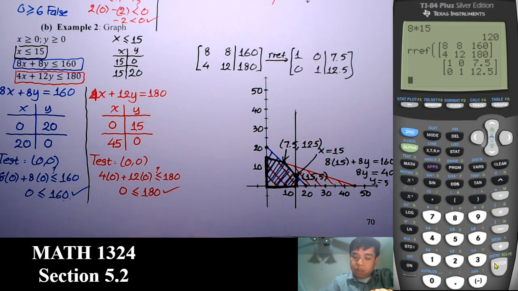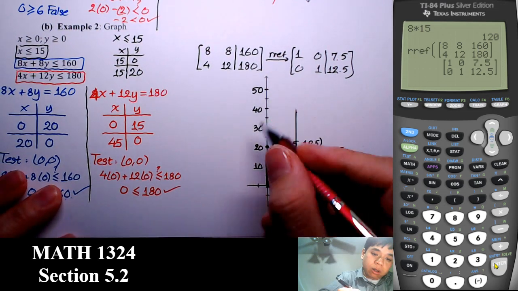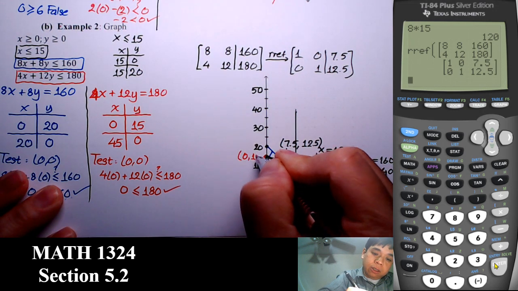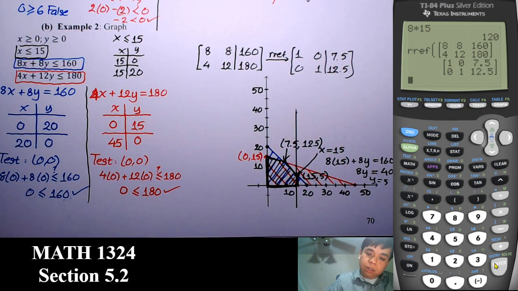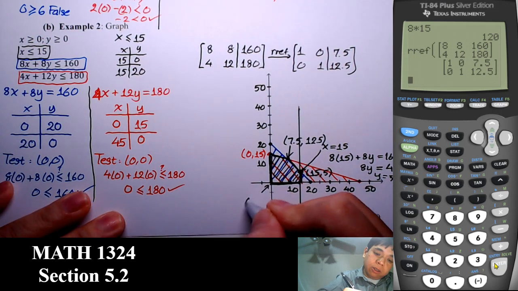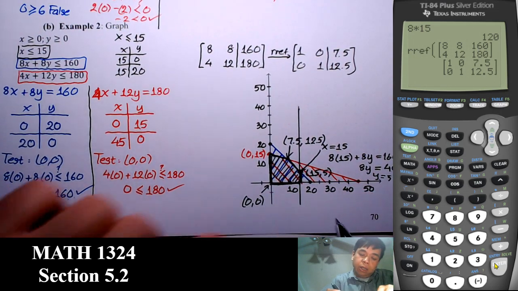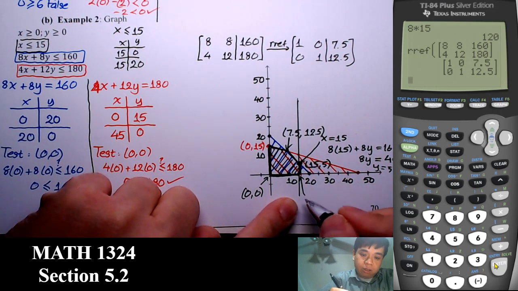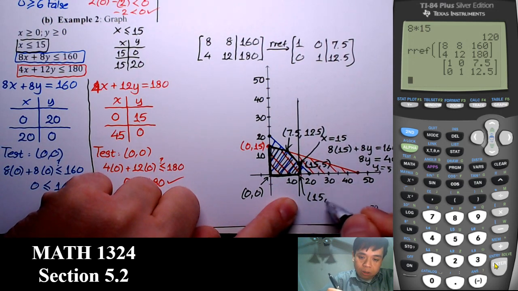And of course, all the intersections we have: here's 0 and 15, 0, 0, and here's 15, 0 and 15, 5.